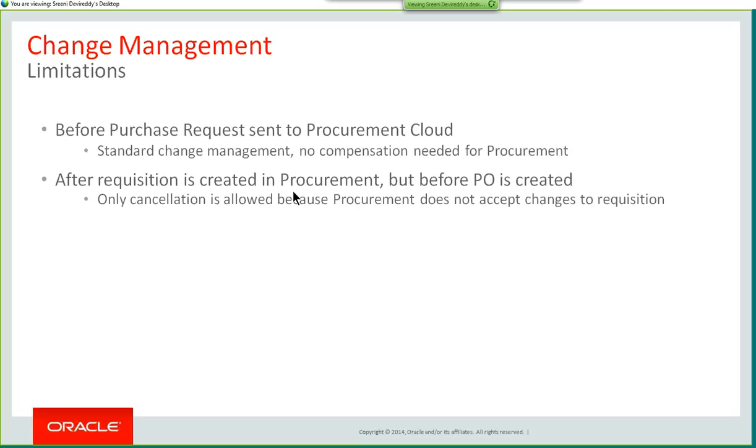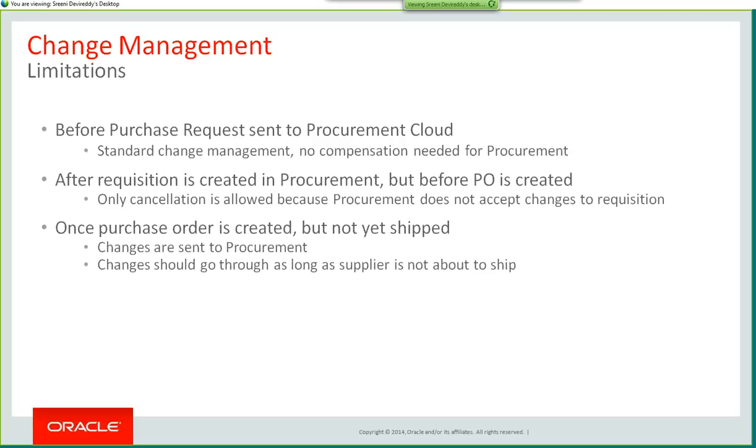If the requisition is created but the PO is not created yet, meaning the requisition is not converted to the PO, then no changes are allowed except cancellation. That's because our procurement does not allow changes to the requisition. If you don't allow changes to the requisition, you can't allow changes to the orders, and hence only cancellation is allowed.